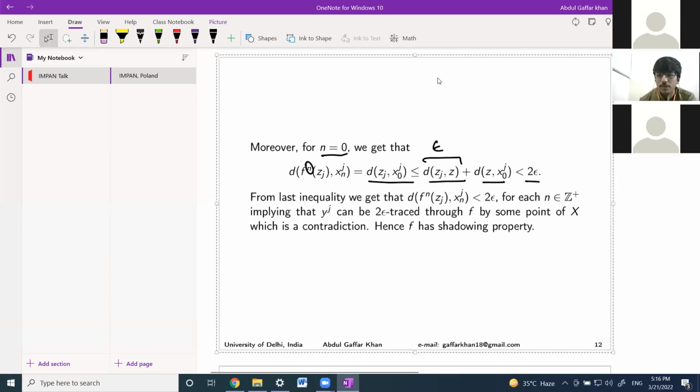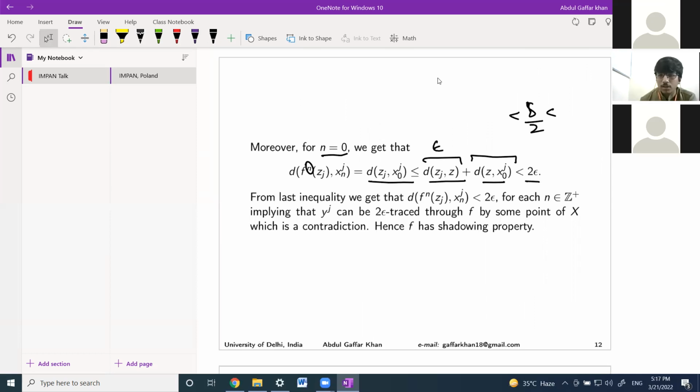So this is less than epsilon, and by assumption that it is less than delta by 2, which is less than epsilon, we observe that this is less than 2 epsilon, and hence the distance between f zj and x_j is less than epsilon, which implies yj can be epsilon traced, which is a contradiction.